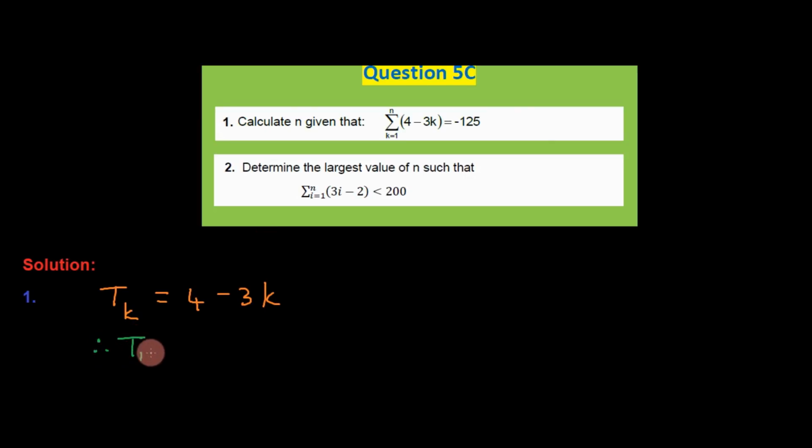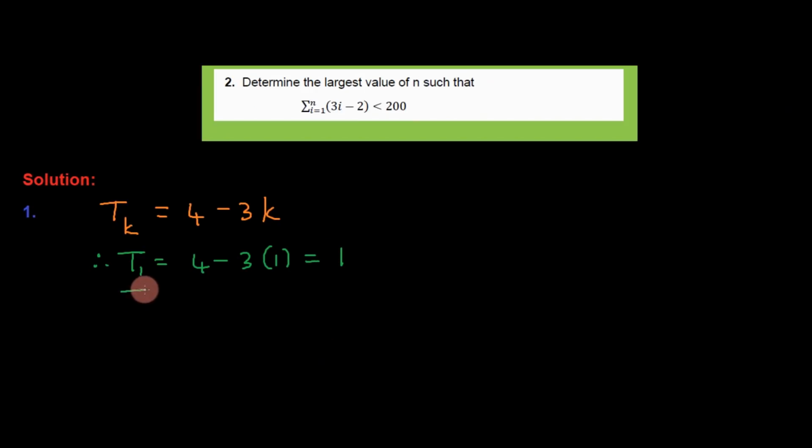So then term 1 is 4 minus 3 times 1, which is 1. Term 2 is 4 minus 3 times 2, and this is negative 2. And term 3 is 4 minus 3 times 3, and this is 4 minus 9, which is negative 5.